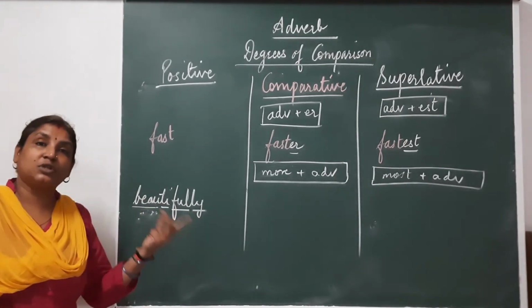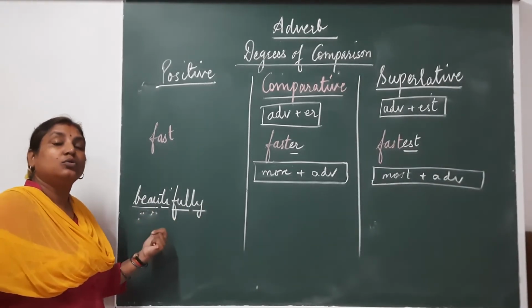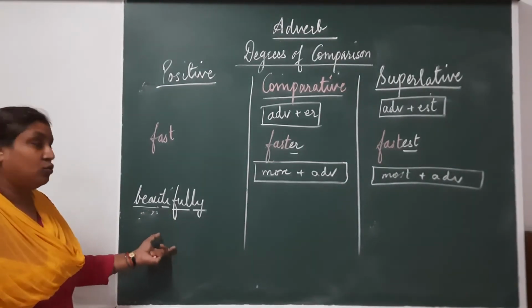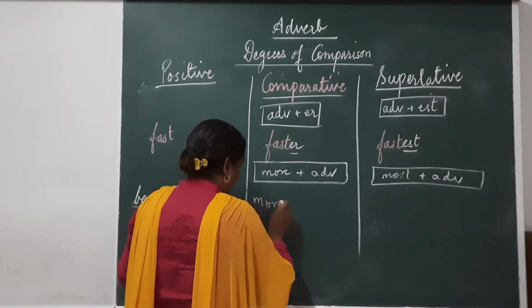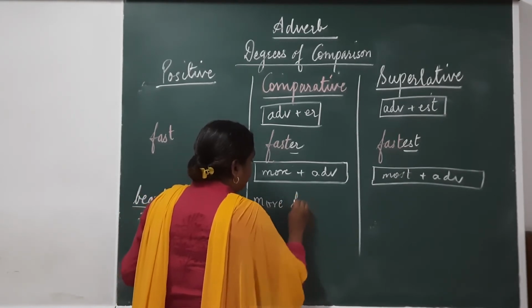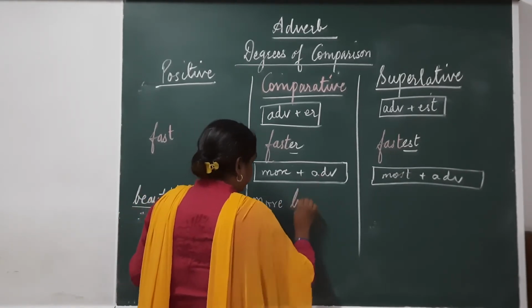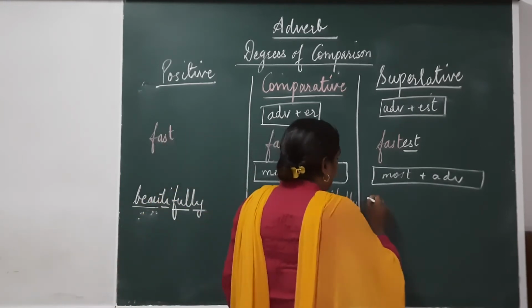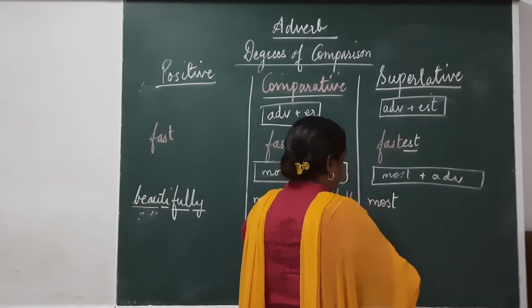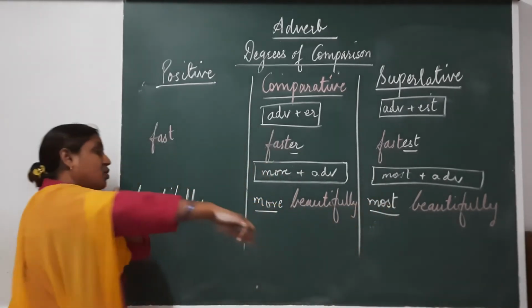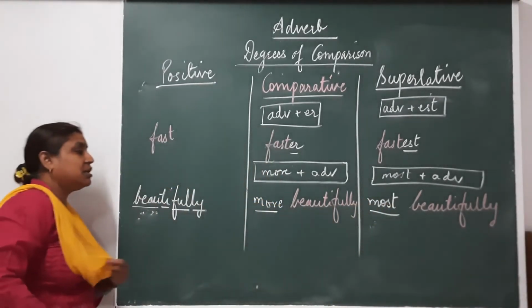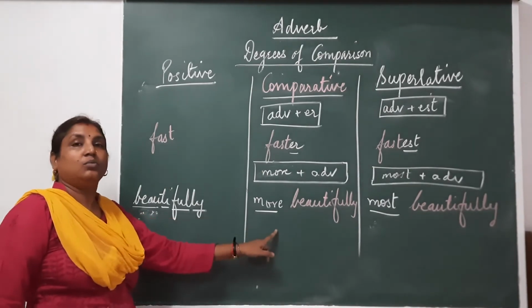Even if you have two syllables, you are going to use more or most. So this becomes more beautifully, then most beautifully. So you can see words having more than one syllable will use more and most.